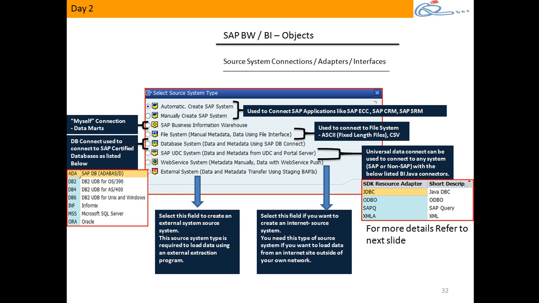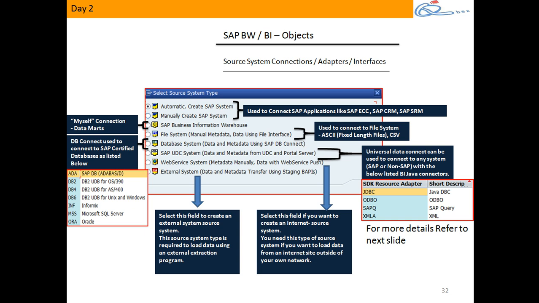So now take it as Excel or what? CSV files, fixed length files, and Excel files can be extracted using what? File interface. Yeah. From 7.3 they are supporting XLS also. Once 7.3 supports, 7.4 supports all.